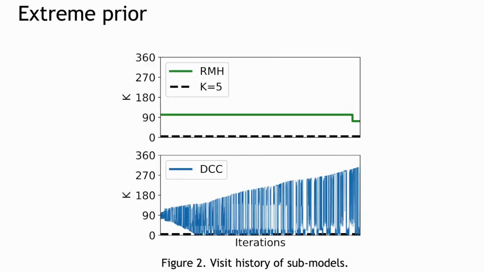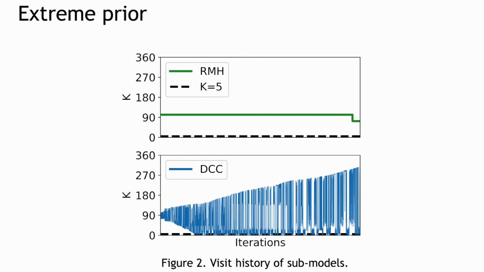We then use an extreme prior of the previous mixture model to test the ability of DCC to discover submodels with high posterior mass but low prior probability. The data have 5 clusters, but we set the prior of K to be Poisson 90. Here we're showing the visit history of each submodel for RMH and DCC.